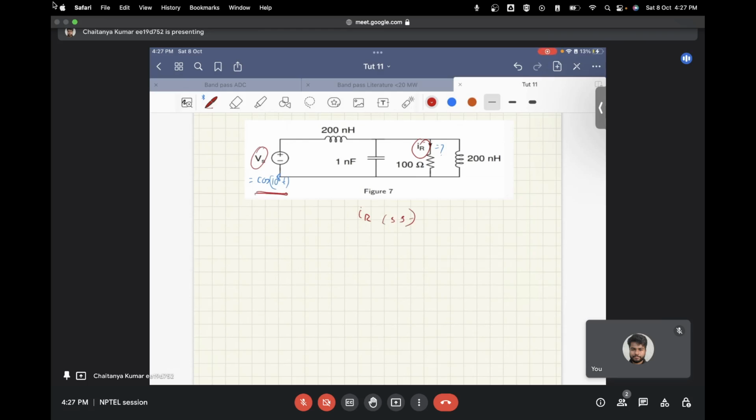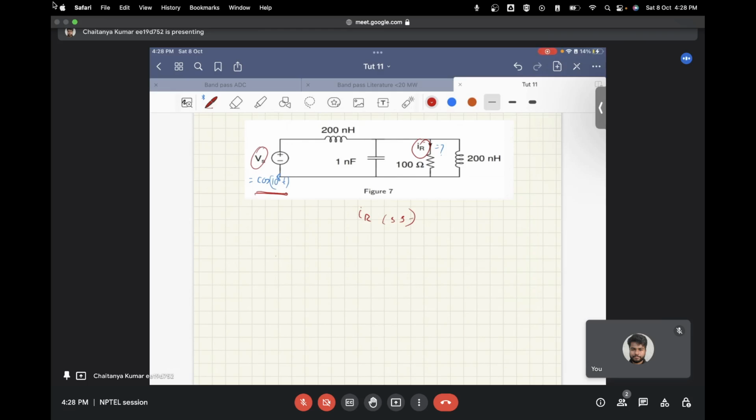So you can see Vs is given as cos 10 to the power 8t. This has been given at time t equal to minus infinity, at which all the transients have died. Now, if the transients have died and the system is in steady state with a sinusoidal input, to analyze this kind of system, we use a frequency response method.